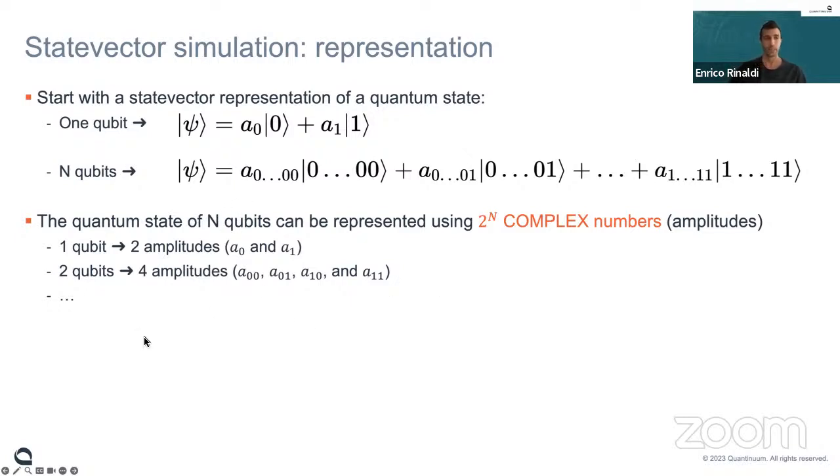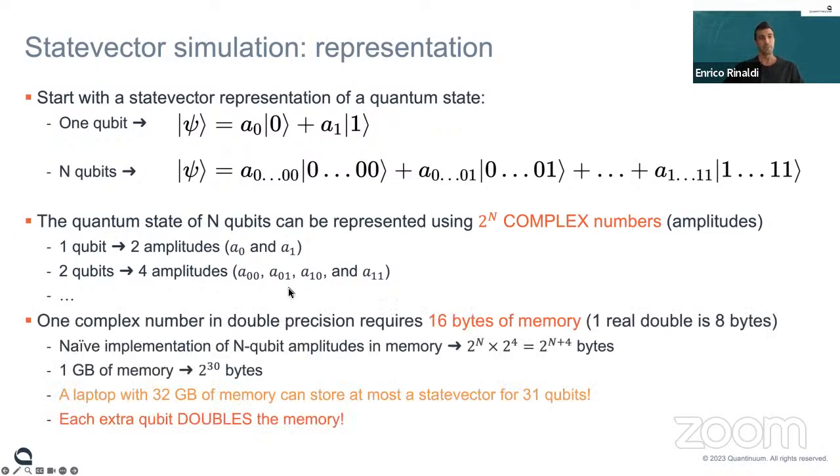All right. So if you think that one single complex number, if you want to store it in a computer, requires 16 bytes of memory in double precision, then naively, to store the information about the quantum state of n qubits, so in order to store 2 to the n complex numbers, you need 2 to the n plus 4 bytes.